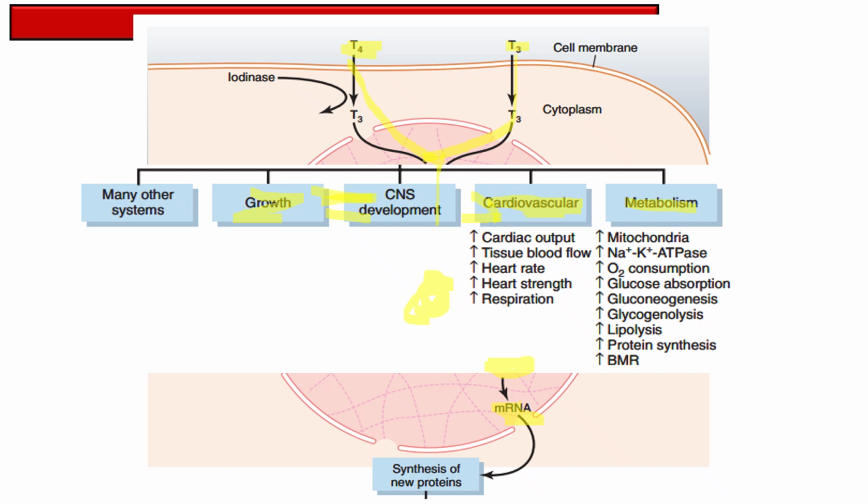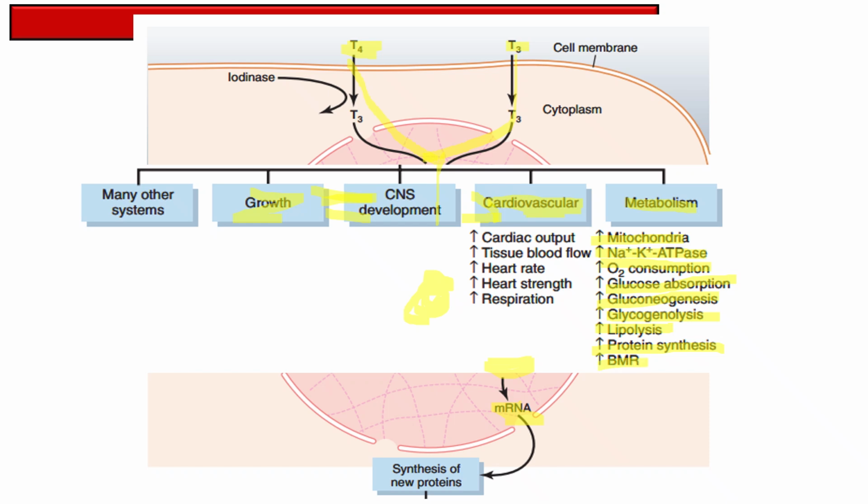There is increased number and size of the mitochondria, increased sodium potassium ATPase pump activity, increased oxygen consumption, increased glucose absorption, increased gluconeogenesis, and increased glycogenolysis. Lipolysis is also increased, and there is increased protein biosynthesis.